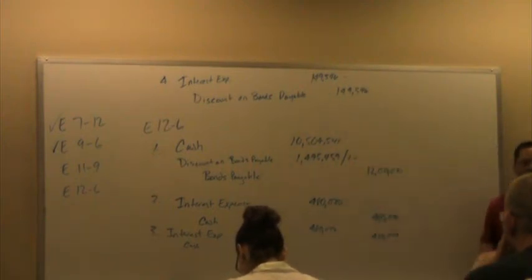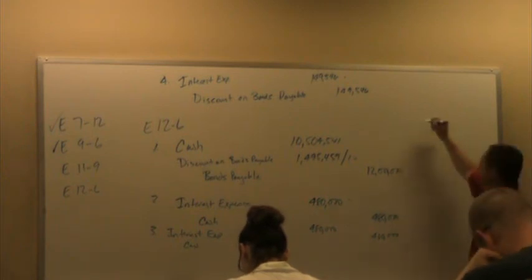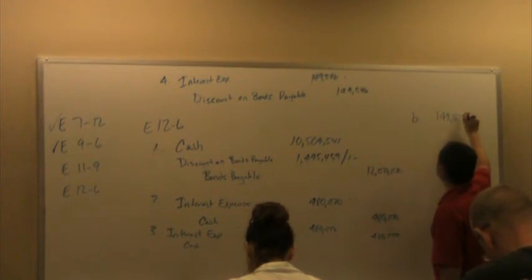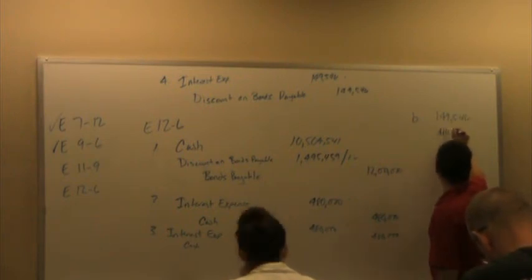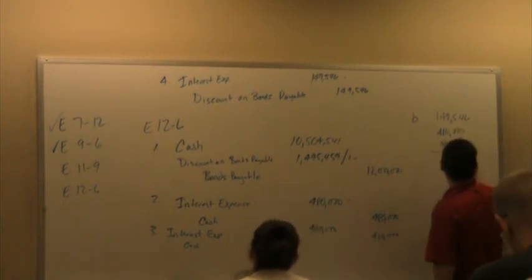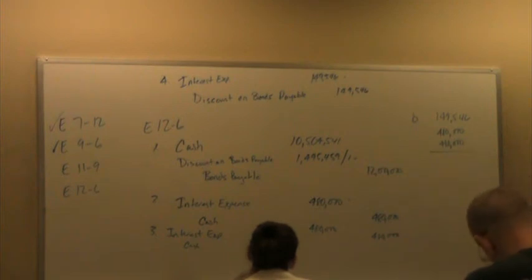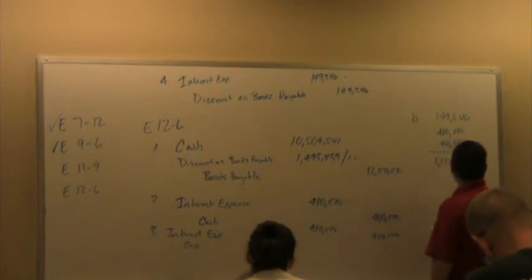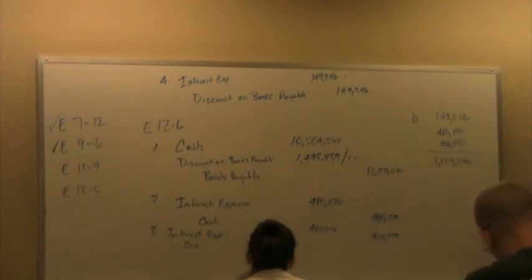If you add all those together, that gives us our B. So our B will be 149,526, 480, and 480. That will give us that value there.